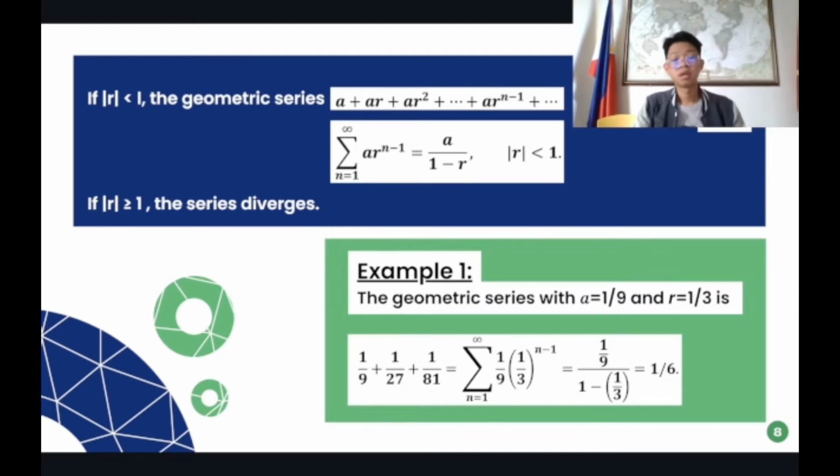For example, the geometric series with a equals 1 over 9 and r equals 1 over 3 is 1 over 9 plus 1 over 27 plus 1 over 81 plus ... equals the sum of 1 over 9 times 1 over 3 to the power of n minus 1 from 1 to infinity equals 1 over 9 over 1 minus 1 over 3 equals 1 over 6.